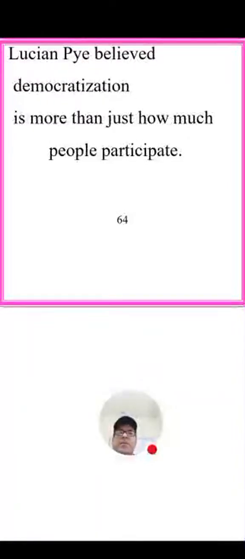Lucian Pye, another scholar, believed democratization is more than just how much people participate. It is more than participation. Just participation is not enough.